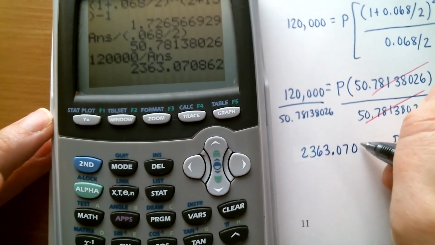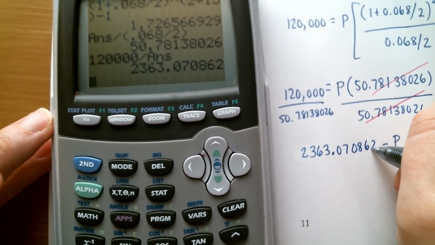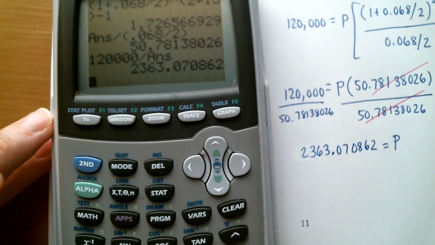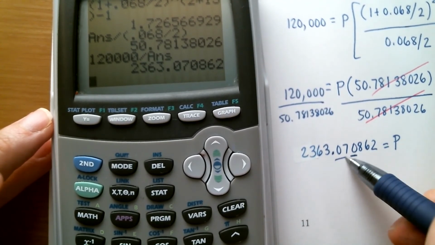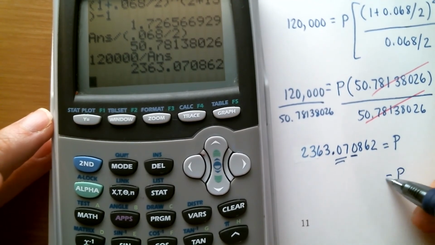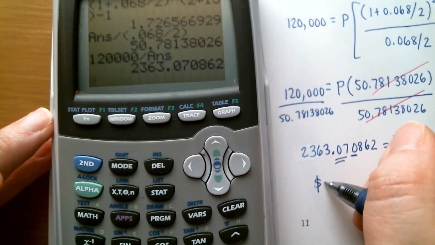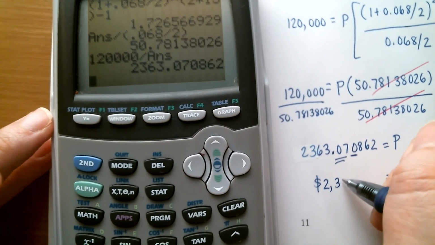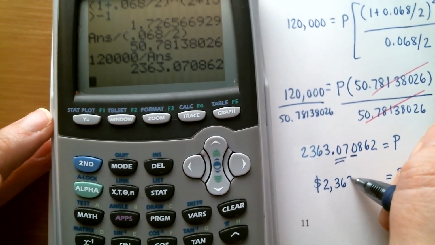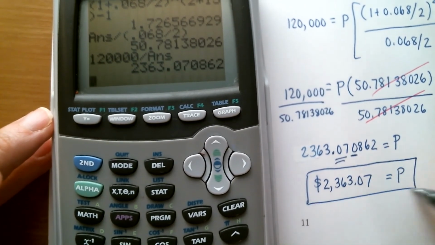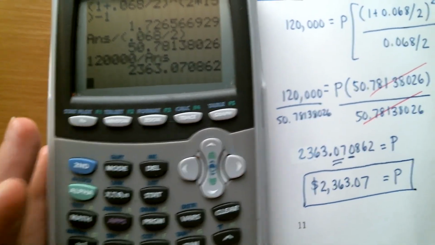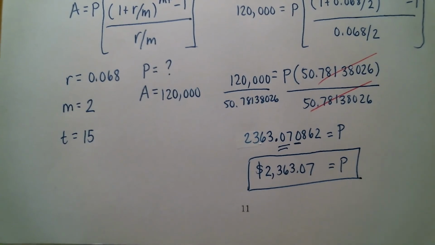And if we round, we're going to get 7 cents, because you look at this digit, it's a 0, so you can just keep this the same. So this tells us that Tim and Jessica need to save $2,363.07 every 6 months, or semi-annually, in order to have a total of $120,000 for their children's education in 15 years.